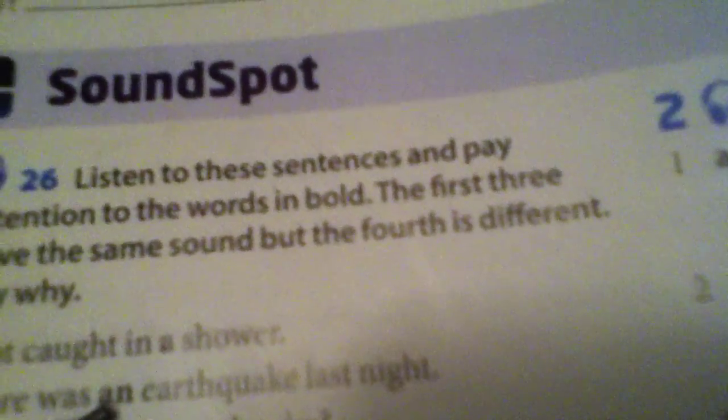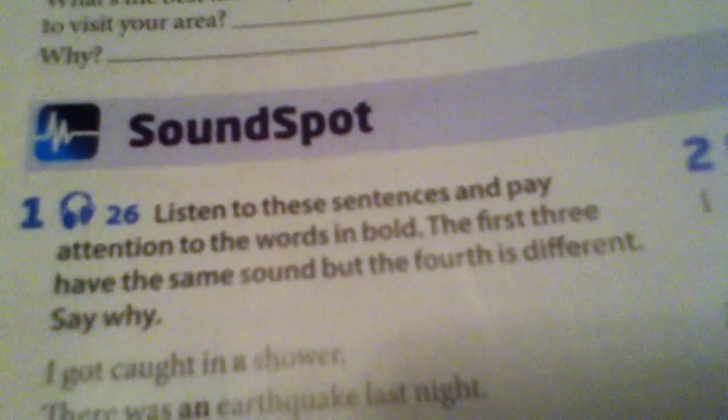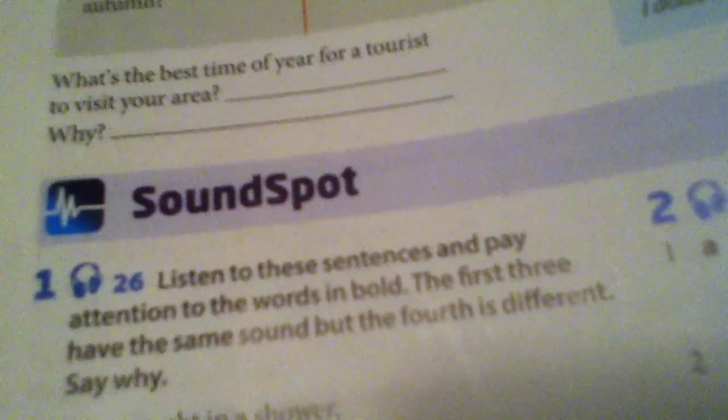Okay, now the fourth sound was different. A, an, the, and the. Why do you think the fourth word sounded different? Well, let's look. A shower. S is a consonant. An earthquake. We know that when the next word begins with a vowel and we have an indefinite article, a becomes an.